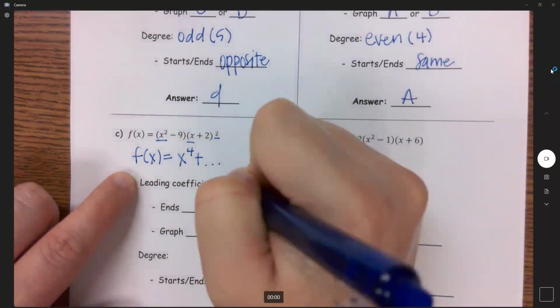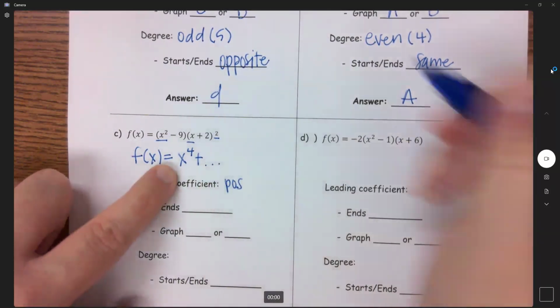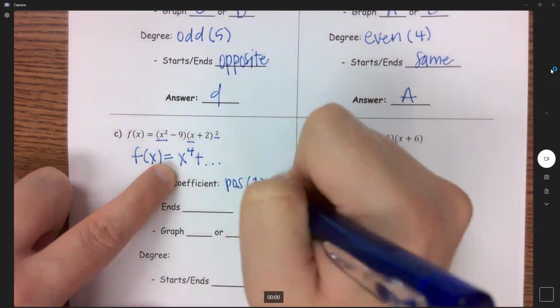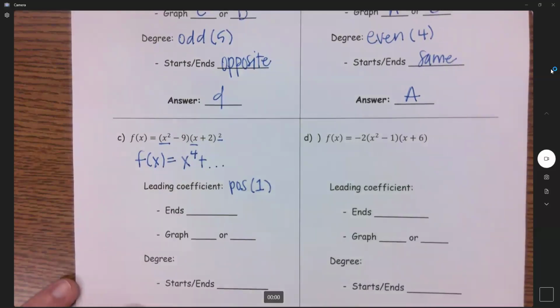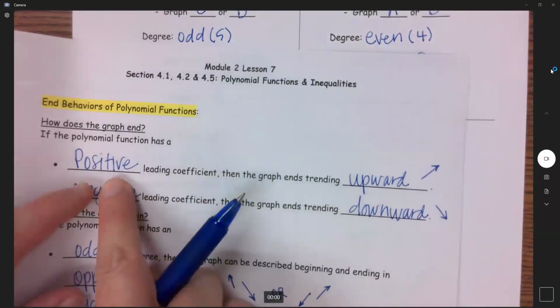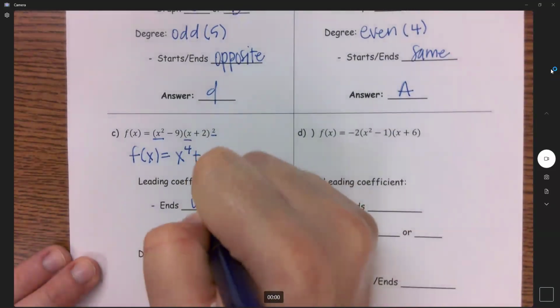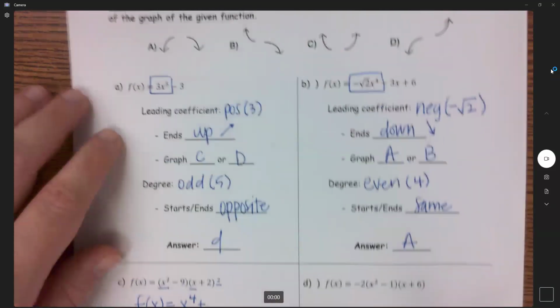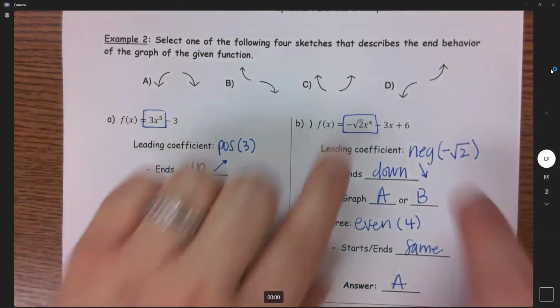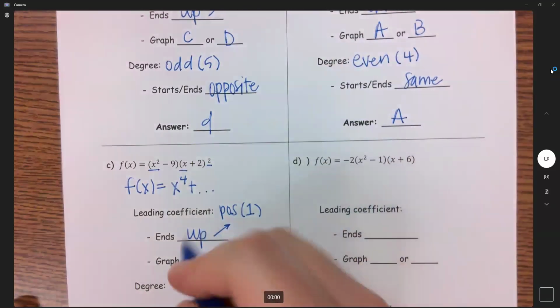That's positive. Specifically, it's a 1. That's a 1x to the 4th. So because it is positive, positive means it ends up. So which two graphs here end going up? And that's C and D.